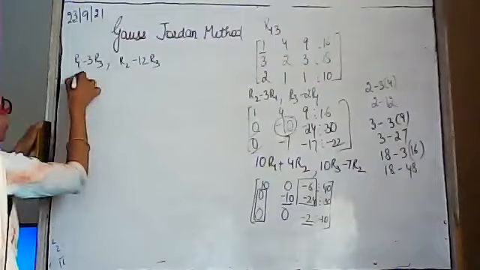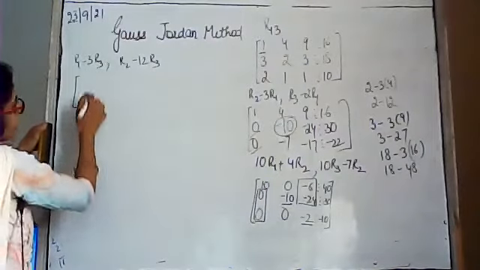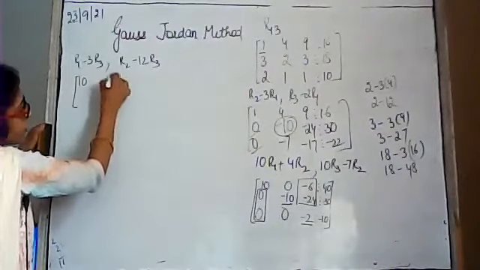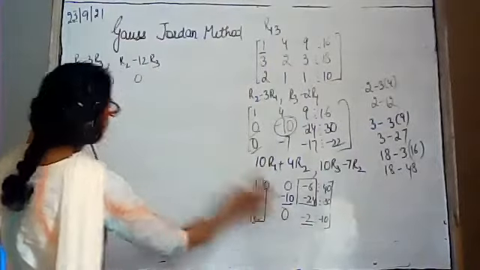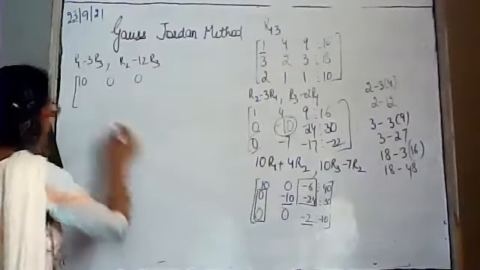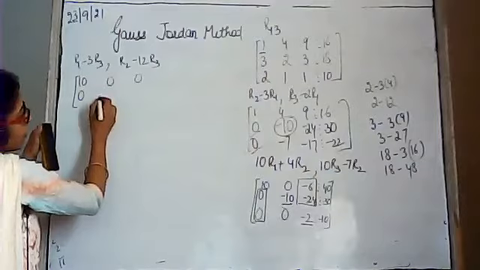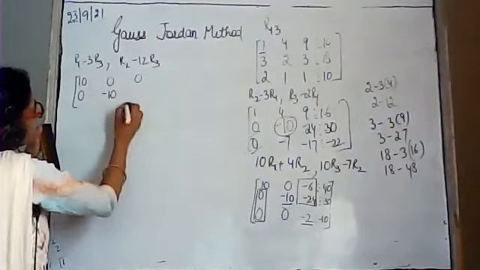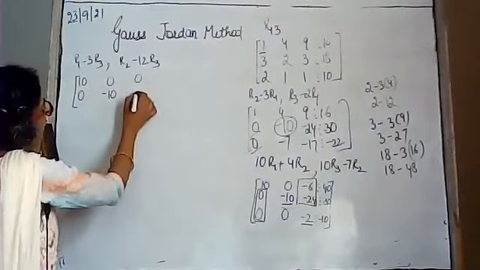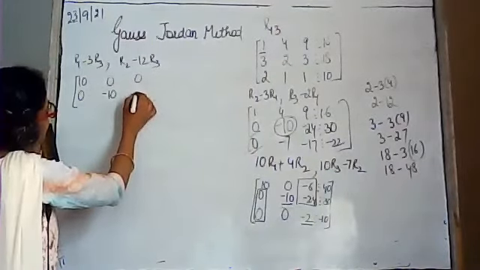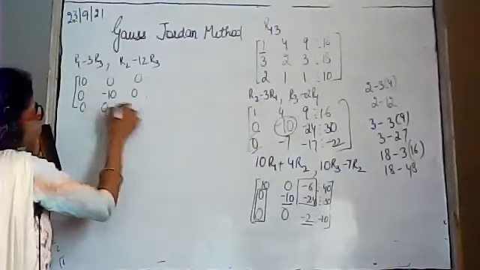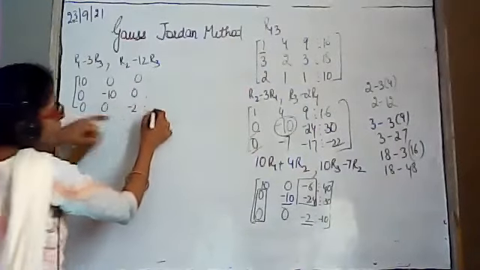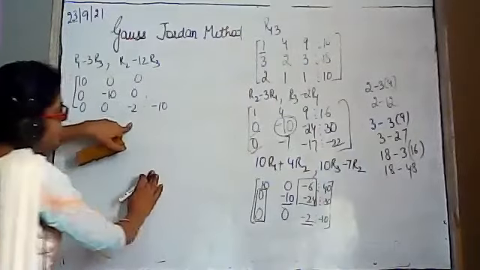ठीक है? R1 minus 3 times R3, it will be 10, it will be 0 and it will be 0 again. Minus 6 plus 6. Similarly, second row, it will be 0, it will be minus 10 and it will be 0 again. Last row will remain as it is, 0, 0 and minus 2. And this minus 10 will remain as it is.